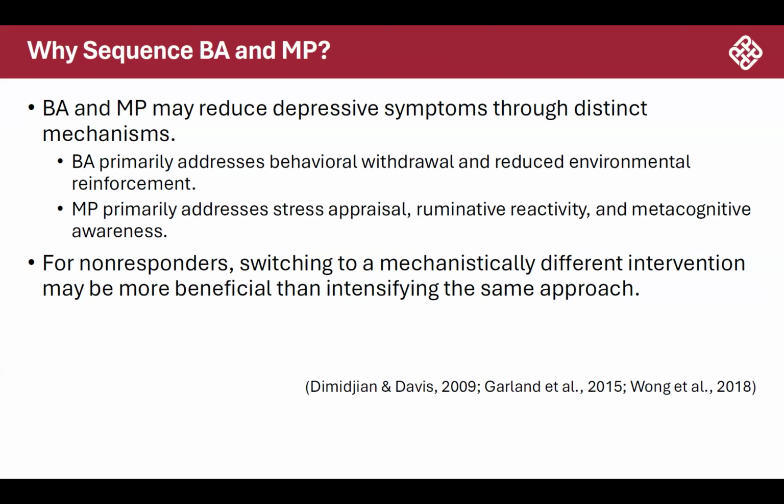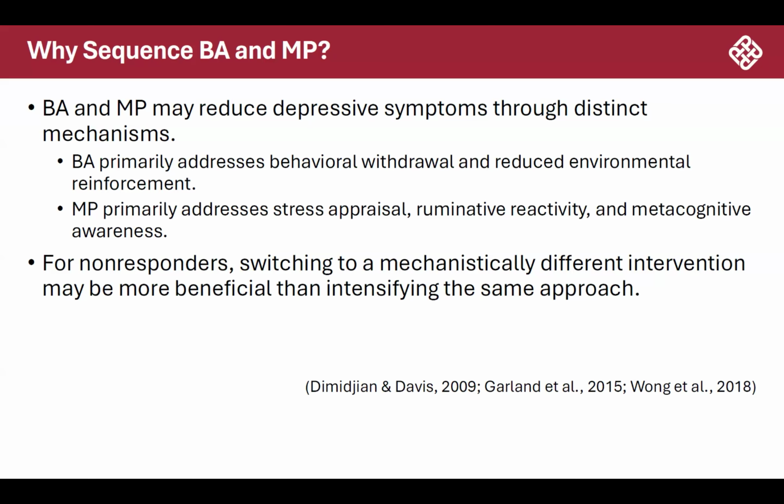Both adopt different mechanisms, but even with a moderate effect on depressive symptoms, some caregivers may not respond to the interventions. In our previous study, we found that about 30% of the family caregivers still had a high level of stress and depressive symptoms after the mindfulness practice, even though mindfulness practice has a moderate effect size on depressive symptoms.